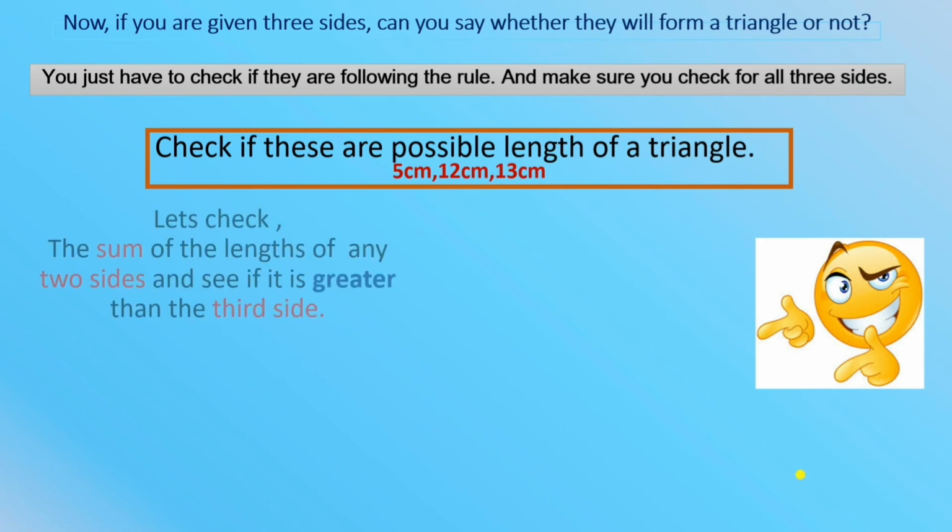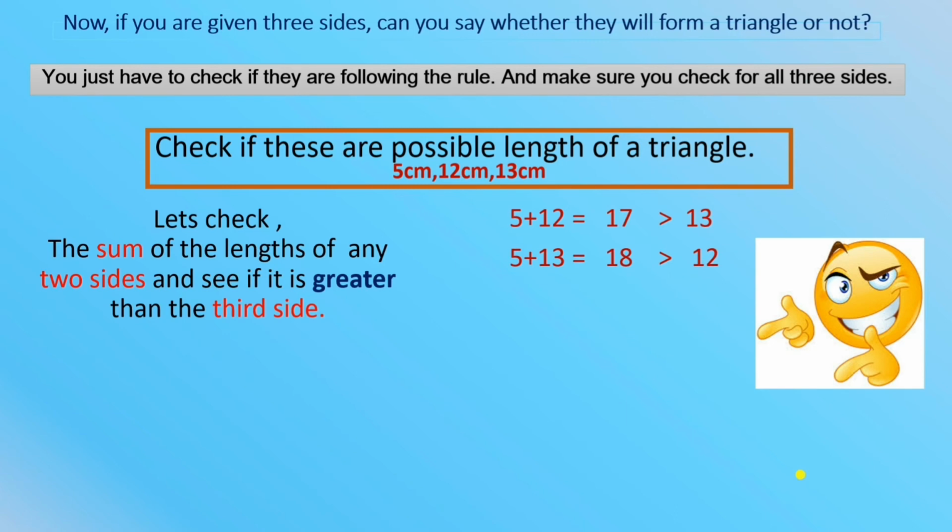Let's check the sum of the lengths of any two sides and see if it is greater than the third side. In this, 5 plus 12 is 17, which is greater than 13. 5 plus 13 is equal to 18, which is greater than 12. 12 plus 13 is equal to 25, which is greater than 5. Yes, this can form a triangle.